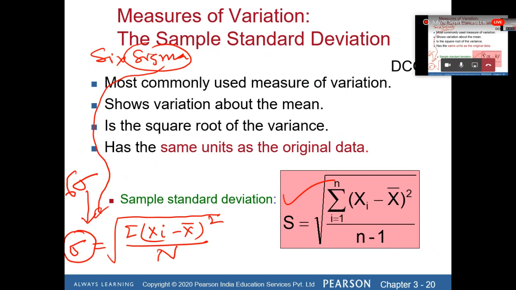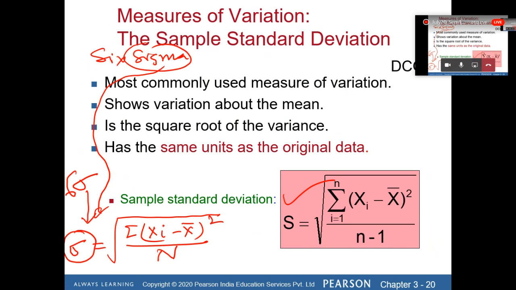So you learned how to calculate range. You learned how to calculate the variation. You learned why we have to go for variance, because total variation is always 0. That's why we have to square it. You learned how to calculate the population variance and the sample variance, sigma square and s square.